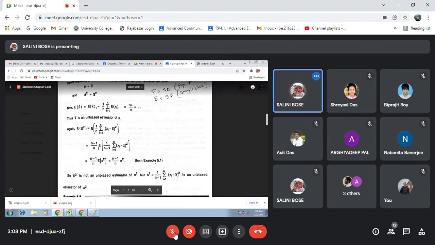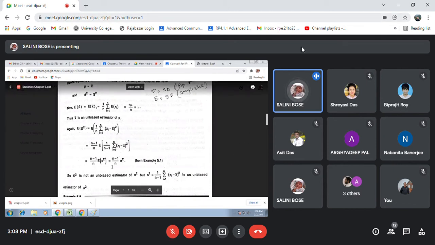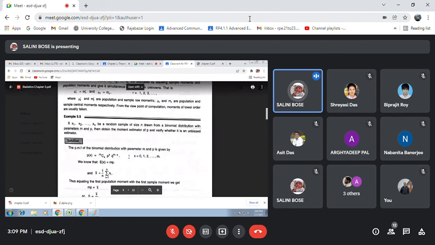So this does not follow the formula E of t equal to theta for being unbiased, because the factor n minus 1 by n comes. So we can say capital S square is a biased estimator of sigma square, whereas small s square is the unbiased estimator of sigma square. This was already proved earlier.